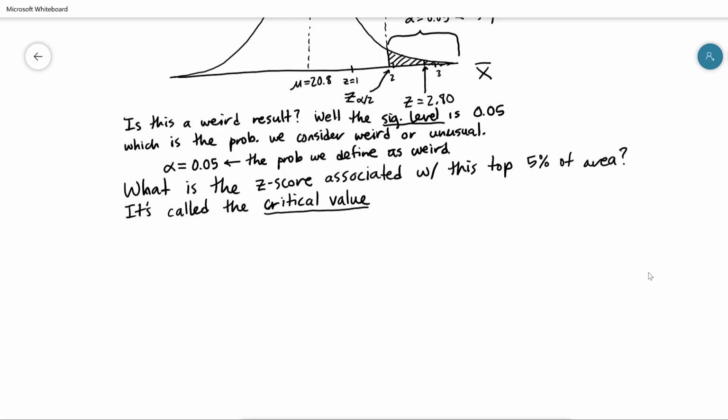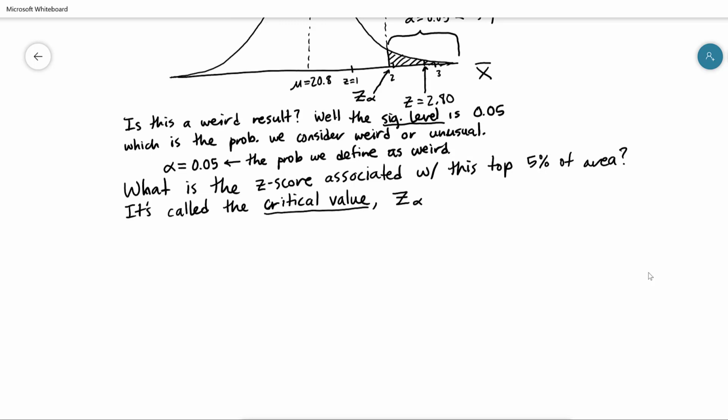In this case, I should erase this. Let me come back up here and edit this a little bit. I cheated a little bit. So let me erase this. That's not actually going to be quite what this winds up looking like. I'm actually going to call this, instead of z sub alpha over 2, z sub alpha. Okay, it's called the critical value, and the notation we're going to use for it in this case is z sub alpha.